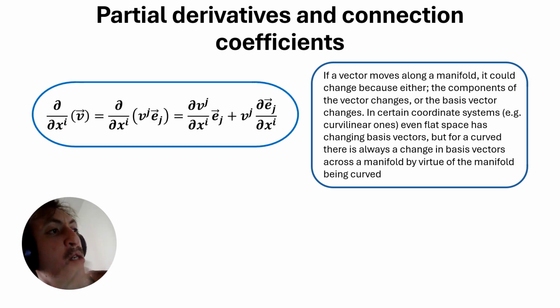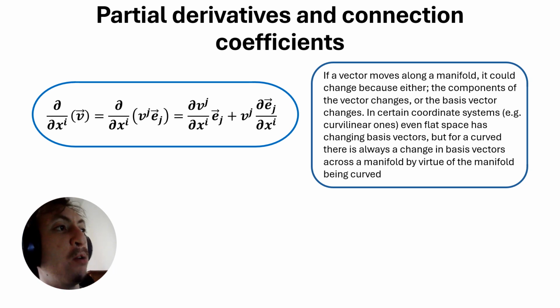Now, if we want to look at how the change in the basis vectors relates to the change in the vector overall, we can use the product rule, or if you like to be more technical, the Leibniz rule, and we end up with this expression. Now, I'm going to go over this briefly because I've mentioned all of these symbols before in previous videos, but ∂i means the partial derivative along the ith spatial axis.